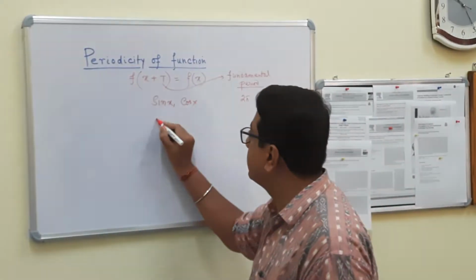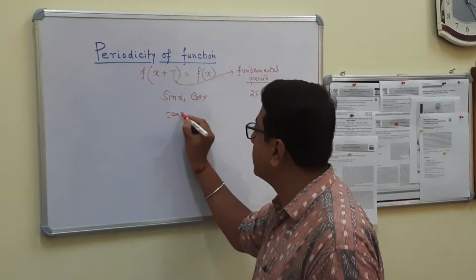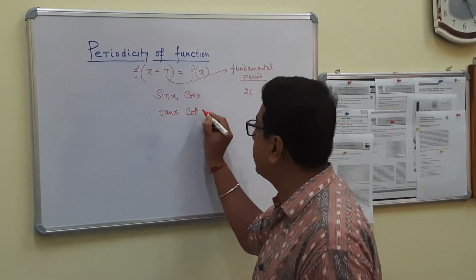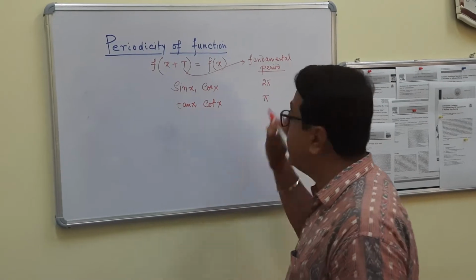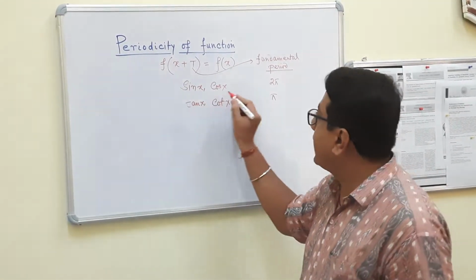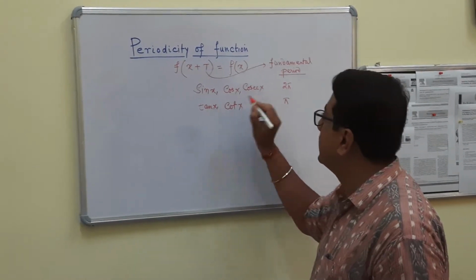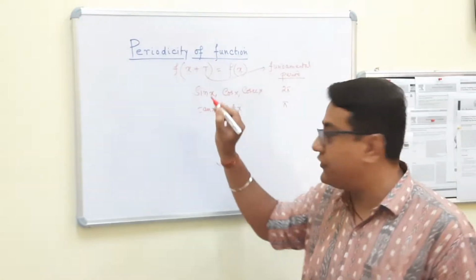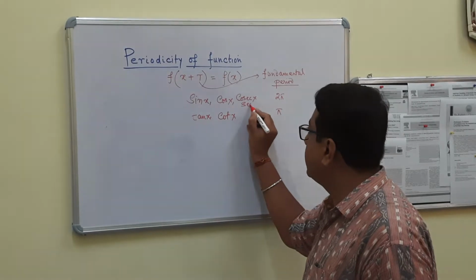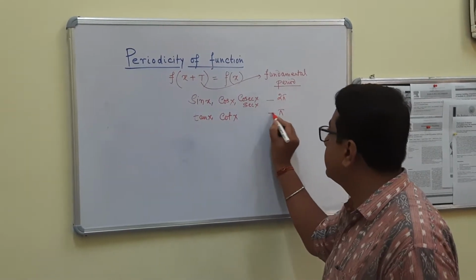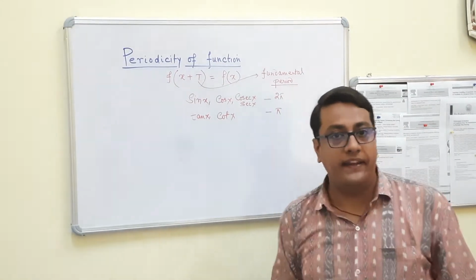Similarly, tan x and its reciprocal cot x are periodic with fundamental period pi. And likewise, cosec x, which is the reciprocal of sin x, and sec x, the reciprocal of cos x, have fundamental periods 2 pi and 2 pi respectively.